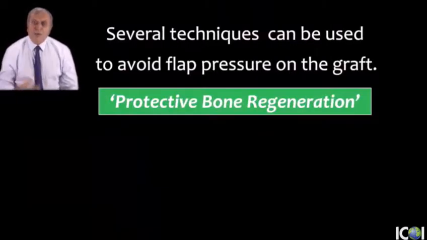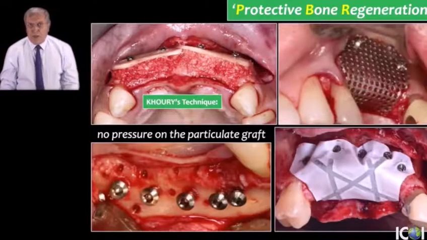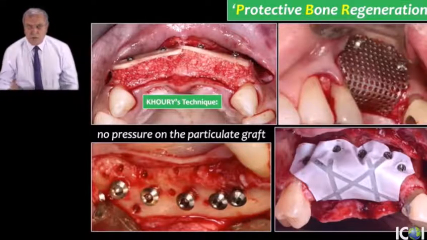I talk about protection. We know several techniques, very nice techniques, working well. All the techniques that work well are protective. The ICOI technique uses autogenous bone, but it's a protective technique against the pressure from the gum.